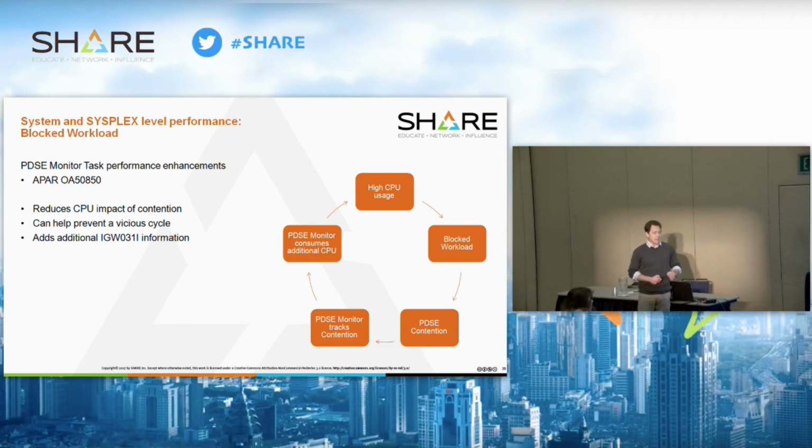Previously, that task actually took a good amount of CPU itself. And when contention was occurring, it actually sped itself up to better monitor the contention that was going on. That was always the intention, but by speeding itself up, running more often, it actually took more CPU as contention increased, which was not ideal.